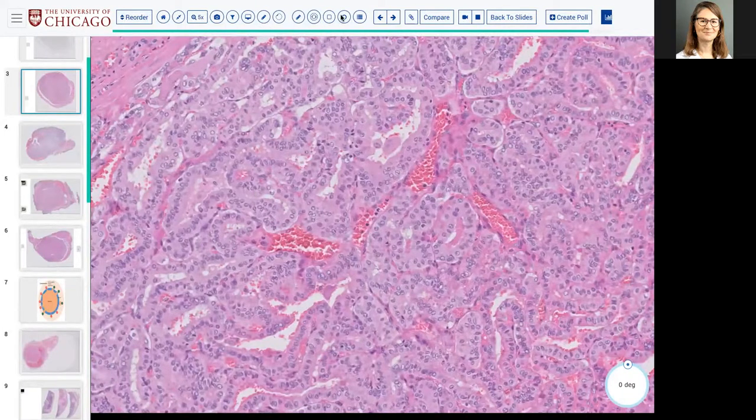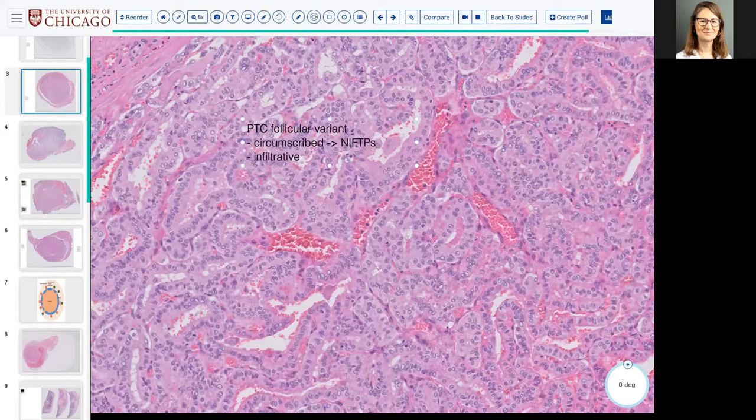So then you get into the question of how do you call this? In the past, PTC follicular variant was considered either encapsulated or circumscribed, or infiltrative. And many of these circumscribed follicular variants became NIFT-Ps, if they fit the right criteria.